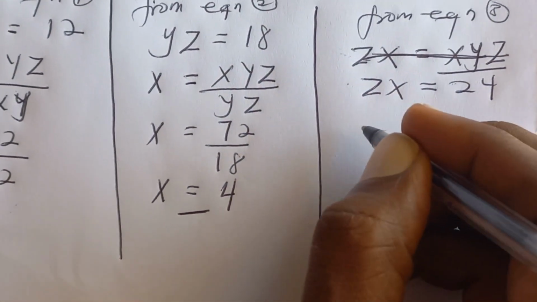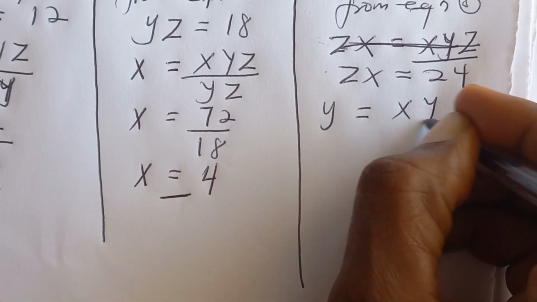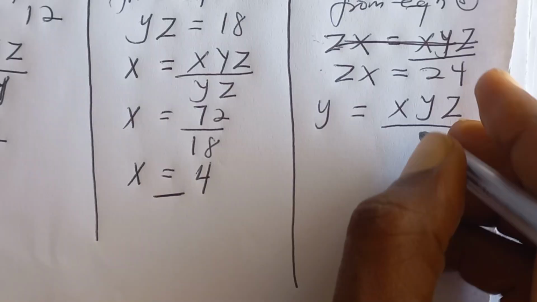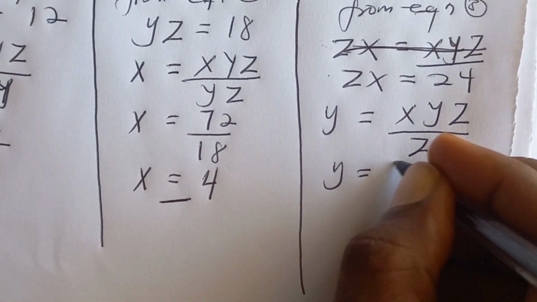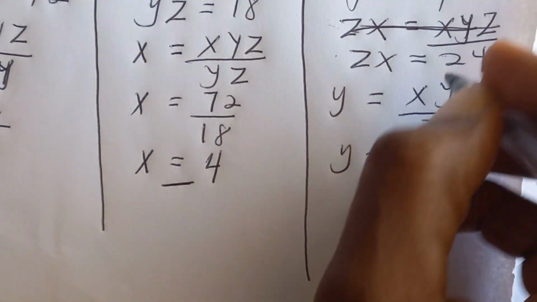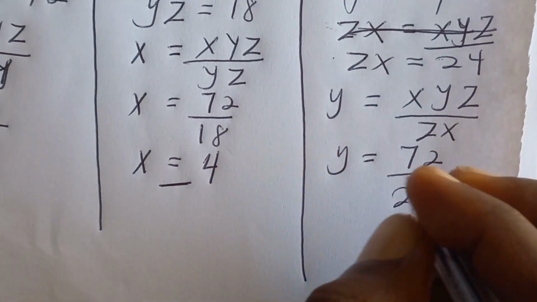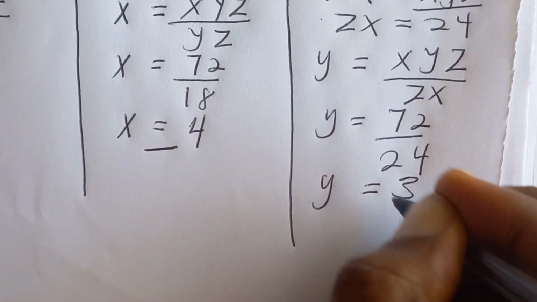So our y is going to be xyz over zx. So our y is equal to 72 over 24.